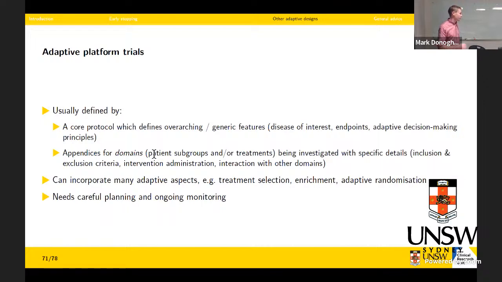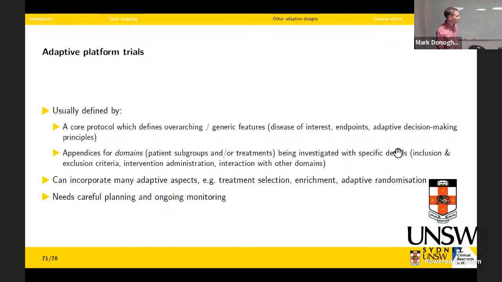So patients with a particularly severe disease might be involved in one domain, or it might be treatment. So there might be different types of treatments that you're going to compare. And you have an appendix that gives the specific details of these particular domains.